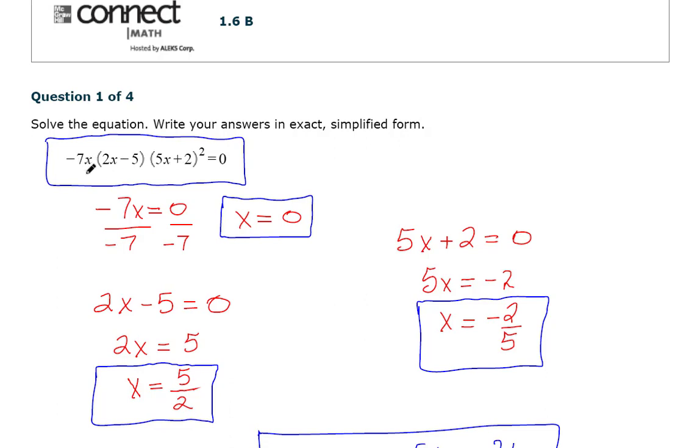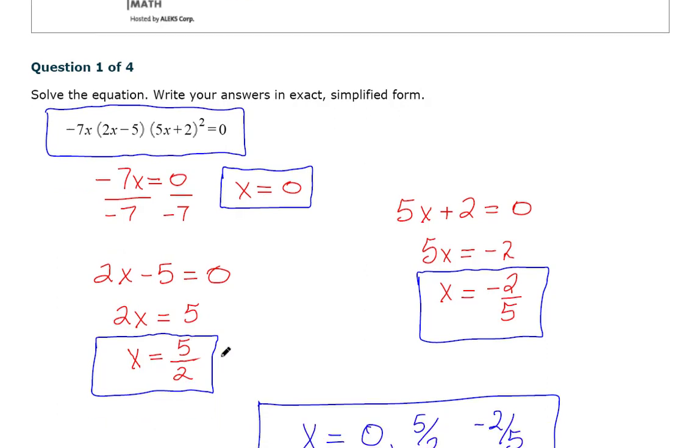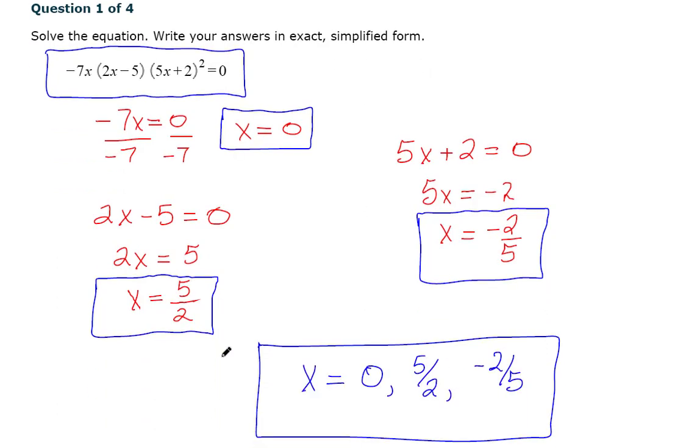So from the first part, minus 7x is 0. Divide everything by minus 7. If you remember, 0 over something not 0 is just 0. 2x minus 5 is 0. All right, I move the 5 and divide by 2.